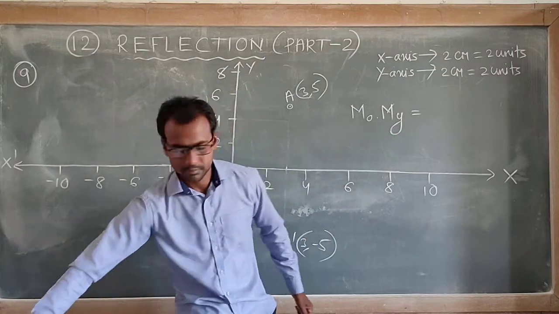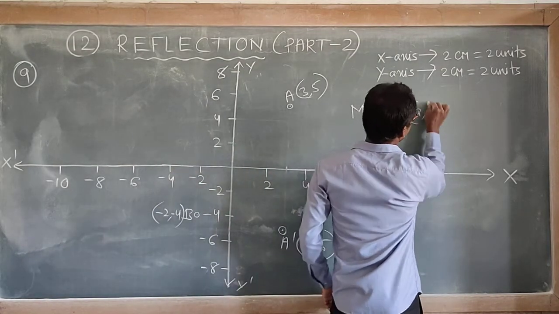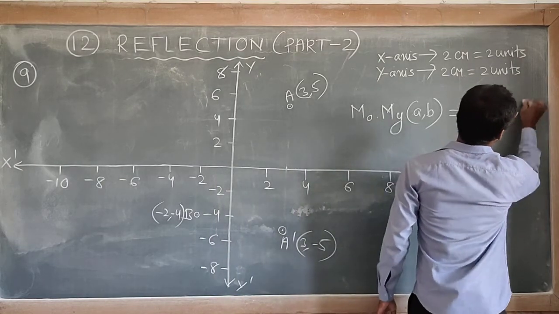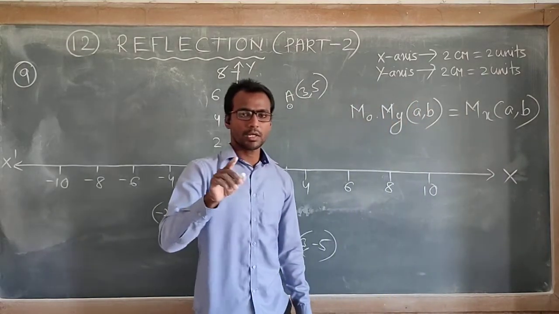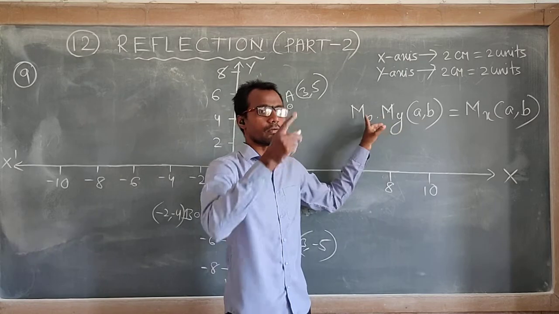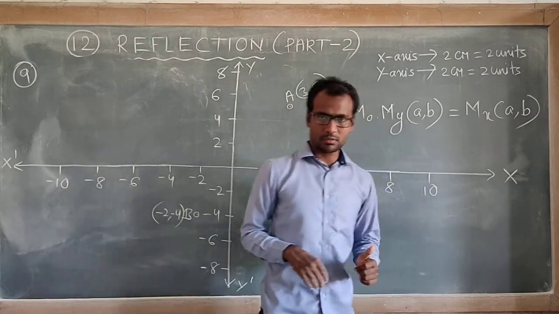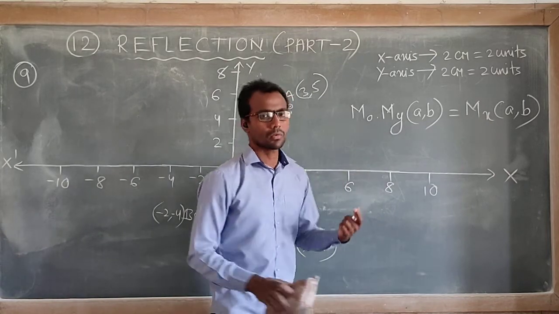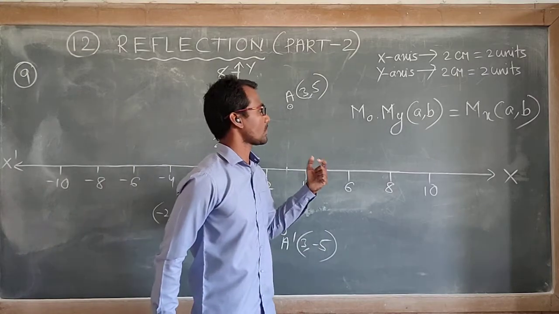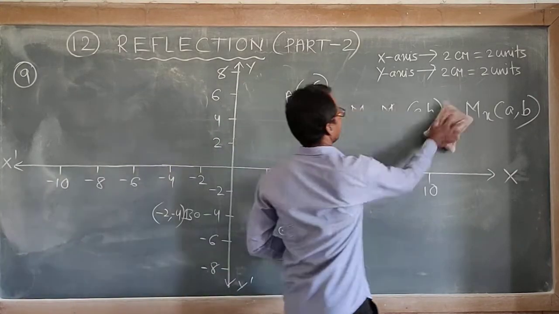Reflecting a point whose coordinates are A and B, first in the y-axis and then in the origin, is equivalent to directly reflecting it in the x-axis. So we don't need to elongate it, we don't need to reflect in the y-axis and then in the origin, directly we can reflect it in the x-axis.